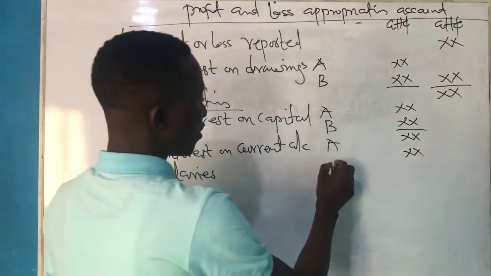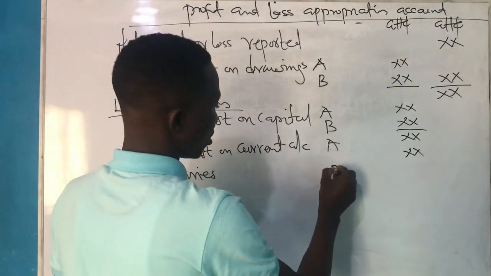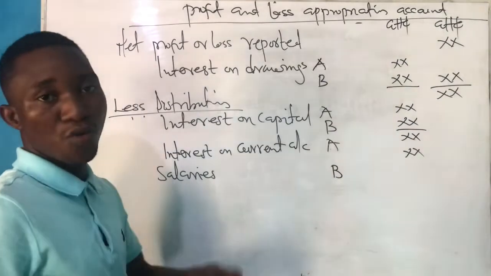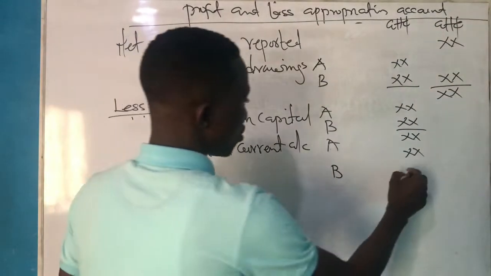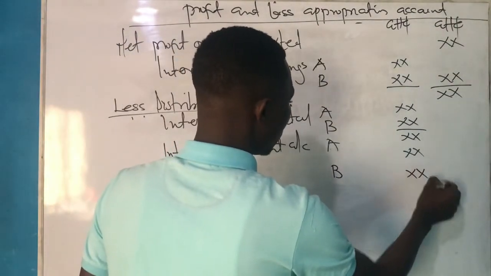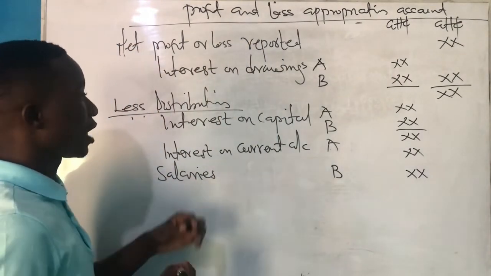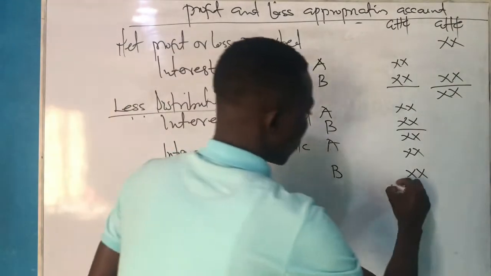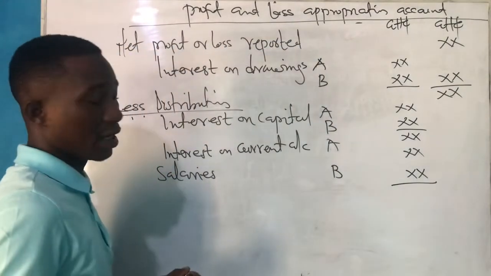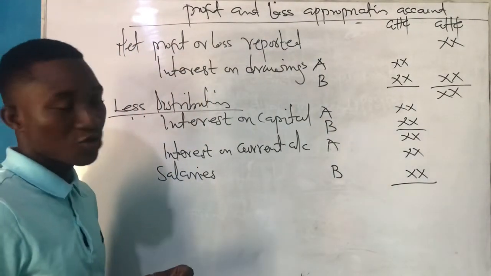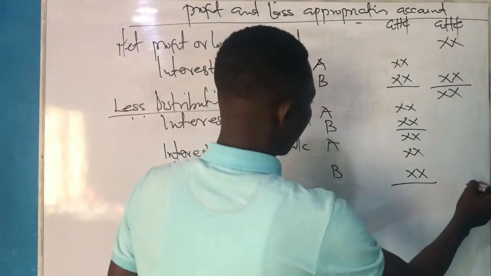The salary may be only partner B, but both partners can also receive salaries. So we bring it here. So we assume that this is the total of the entitlement to partners. So we sum it up.